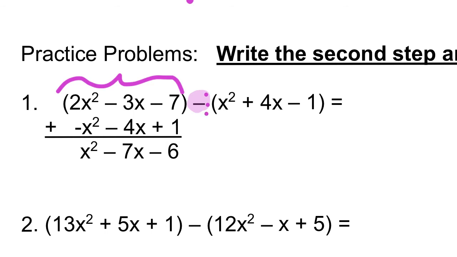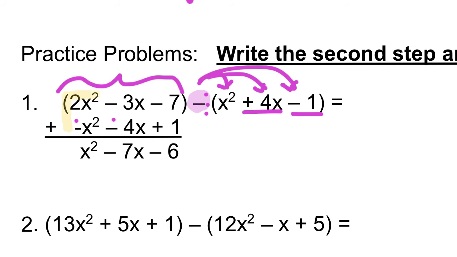It may help you to think of it as distributing a negative to each term inside the parentheses for the second polynomial. So this is an x squared, it would become -x squared. This is a positive 4x, it would become the opposite, -4x. Then we have -1, distribute that negative, a negative times a negative is a positive, so we'd end up with +1.